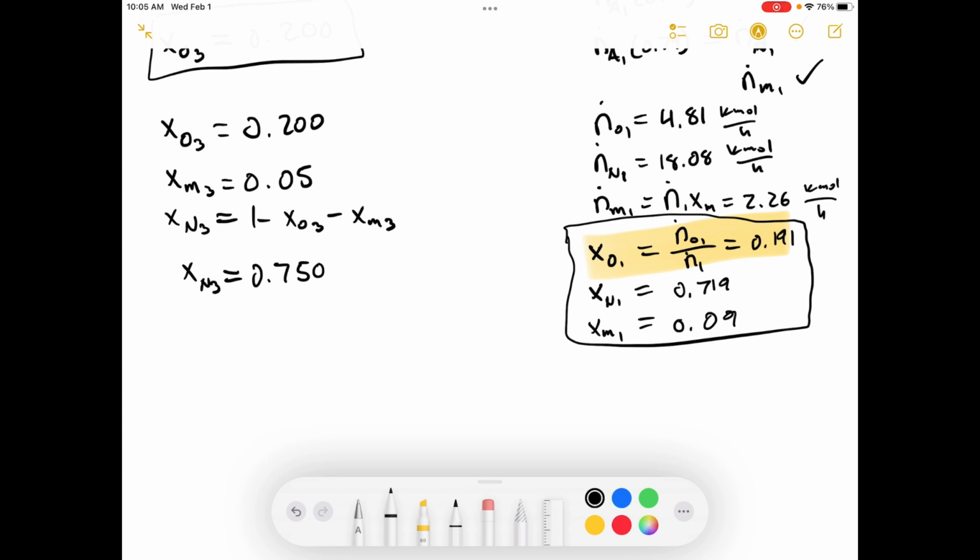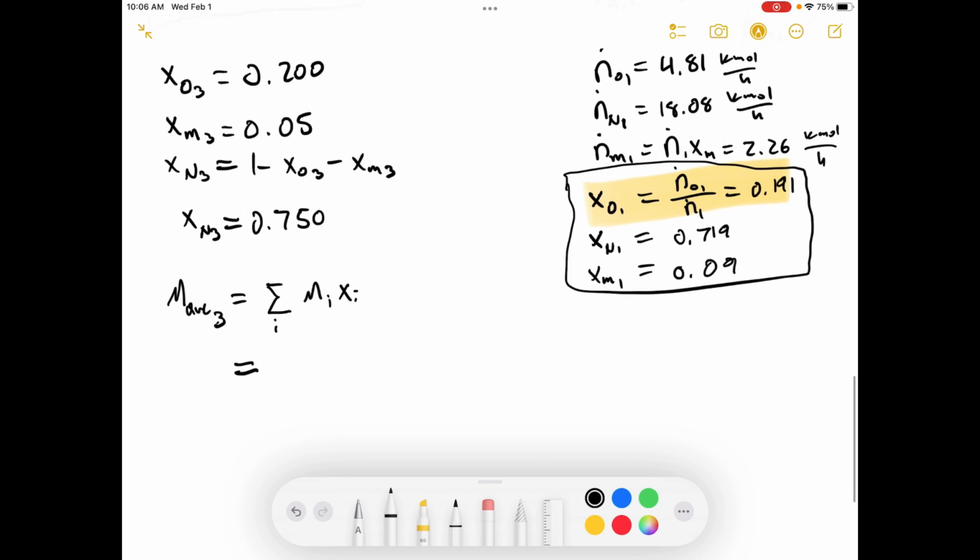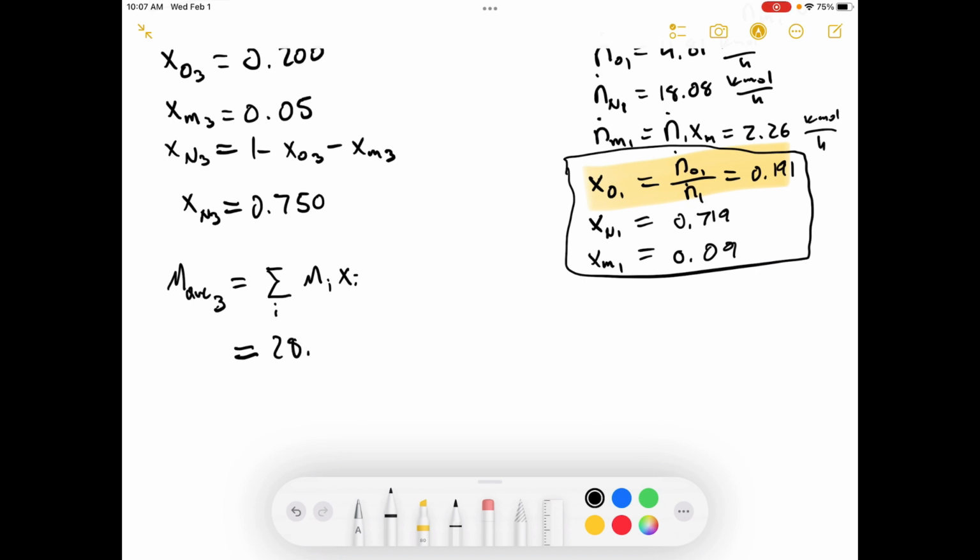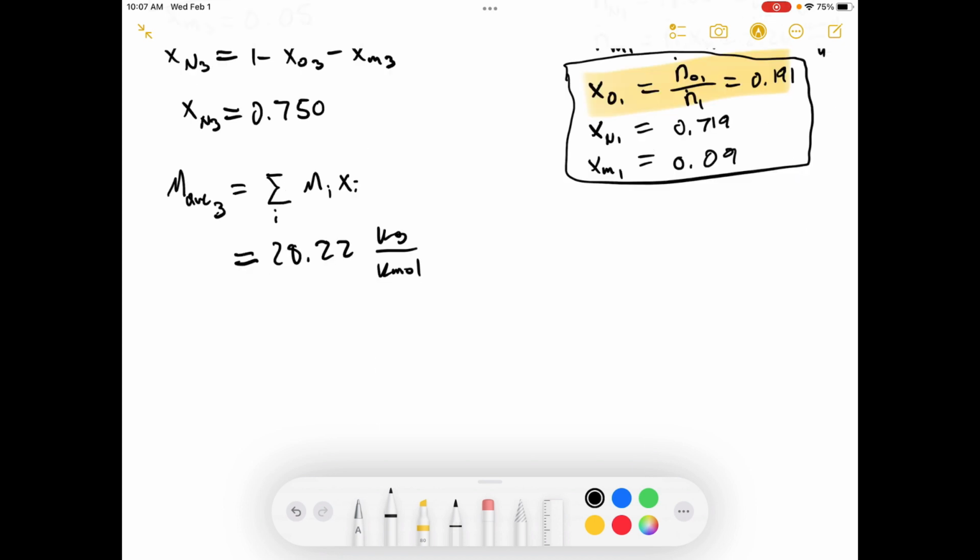We can figure out the average molecular weight of stream 3 by doing a weighted average of the different components in stream 3 and using their molar masses. And doing that, we get, so now we have the average molar mass of stream 3.